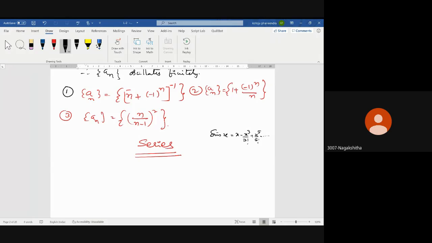We were taught in the chapter limits, sir. This will be obtained from Taylor series, sir, and every expansion is from Taylor series.